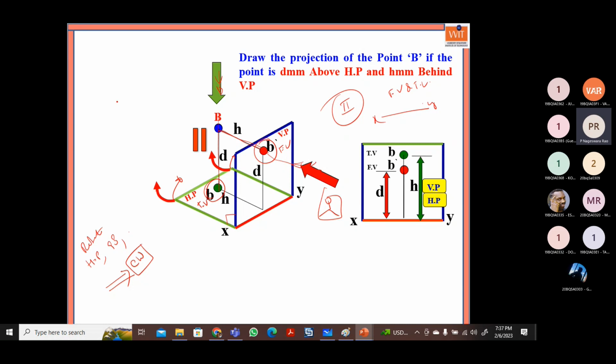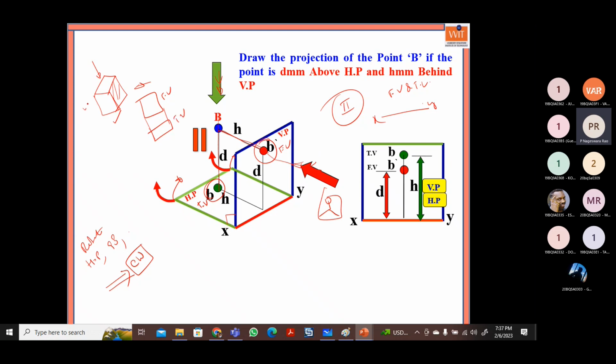See, suppose you take any object, this is the object, let us say a smaller block. If we assume the image in the front view, this is the face I can get. The image in the top view, I can get this image. So this is the front view image for this solid block. This is the top image for this solid block.